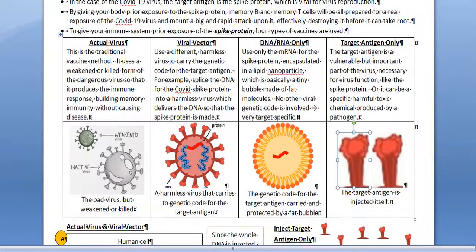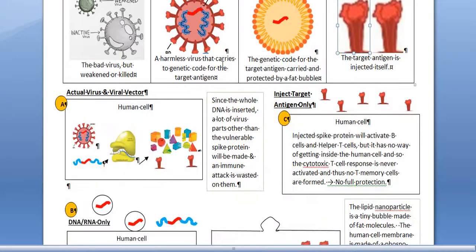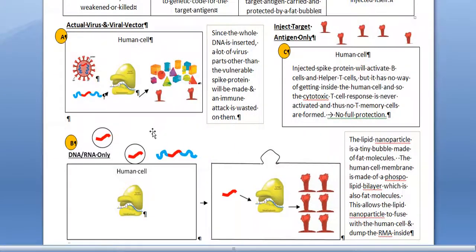Now, with the DNA, RNA only, what happens is you have these tiny lipid nanoparticles, which are little tiny bubbles made of fat molecules. Now, imagine this is a human cell.